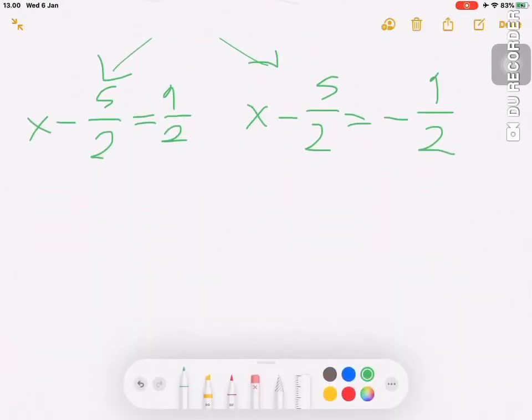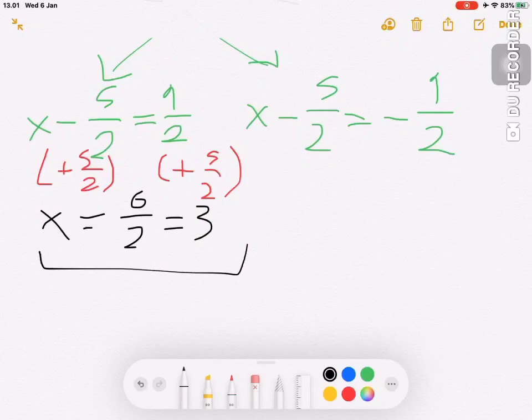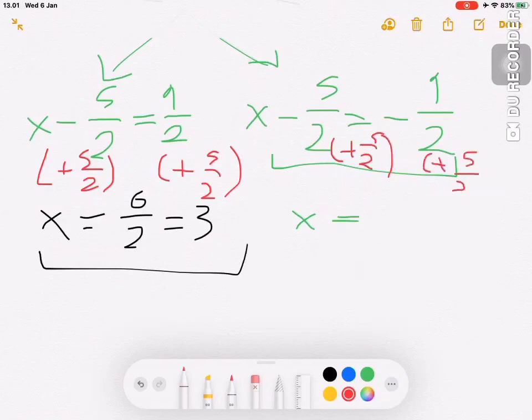Taking the square root on both sides, we get x minus 5 over 2 equals plus or minus, evaluating this, 1 over the square root of 4 is just 2, so we get this. And again, we'll split this into both cases, where x minus 5 over 2 equals positive half, or x minus 5 over 2 equals negative half. And you can quickly solve this.